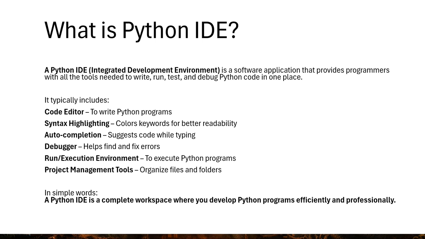For example, keywords like for, while, if in Python will be highlighted in a particular color. It also suggests code, which is called auto completion, plus a debugger, a run execution environment, and project management tools for organizing files and folders.